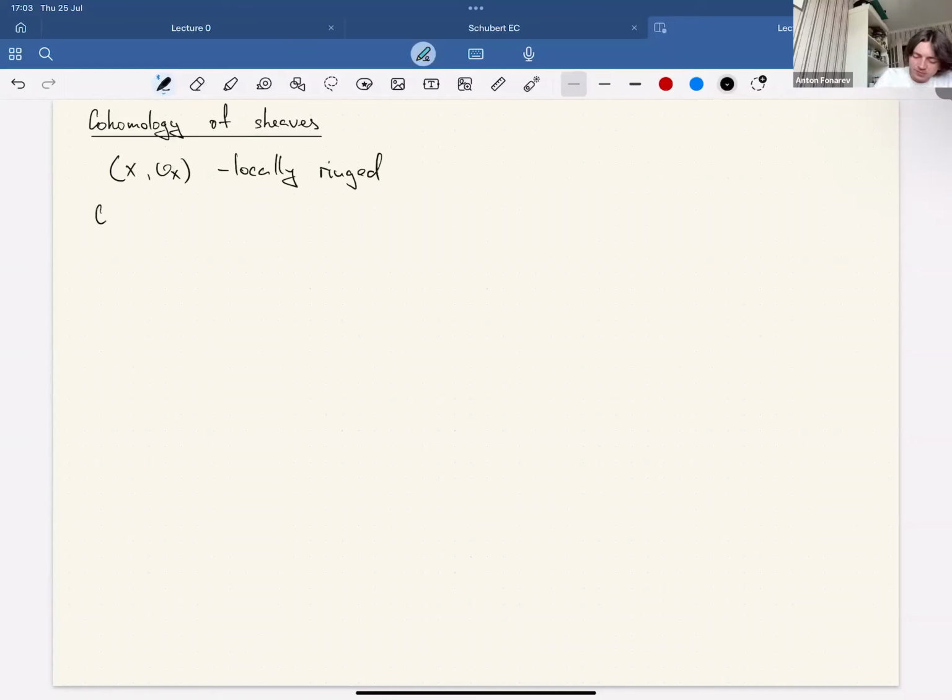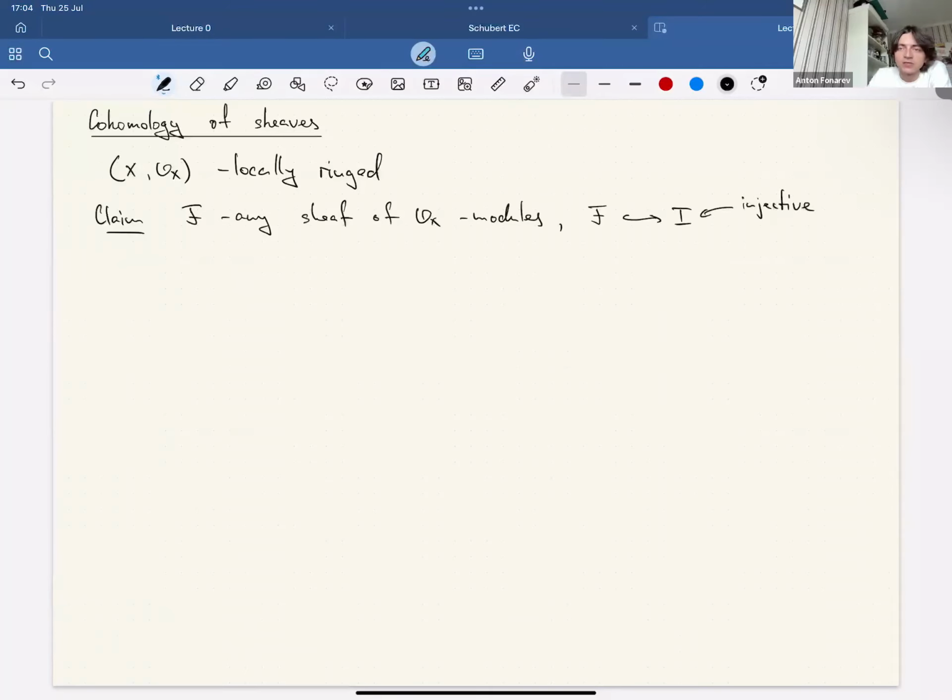The claim is, and here we're working with a larger category, not quasi-coherent sheaves, that if F is any sheaf of O_X modules, the category of such sheaves is abelian, then F can be embedded into some sheaf I where this is injective.